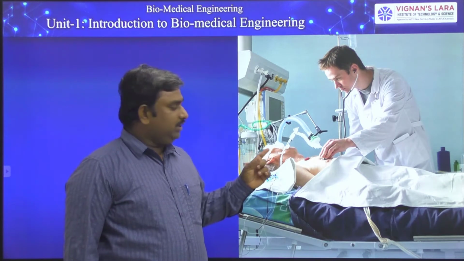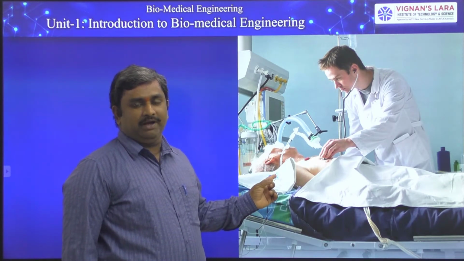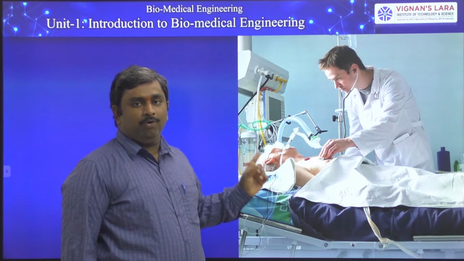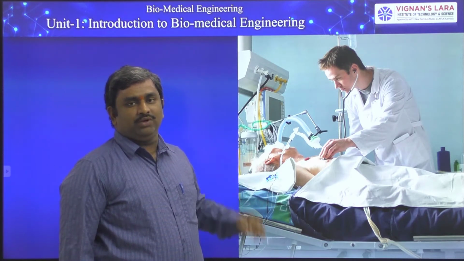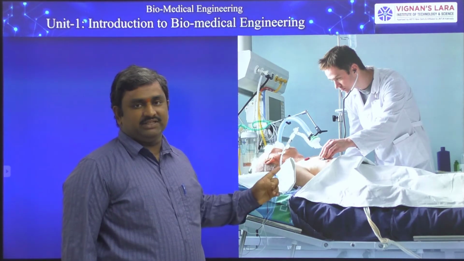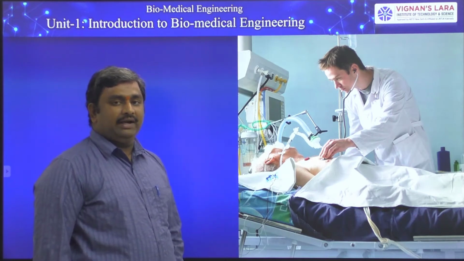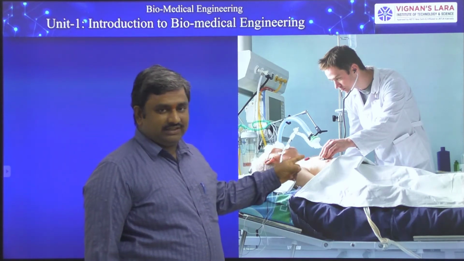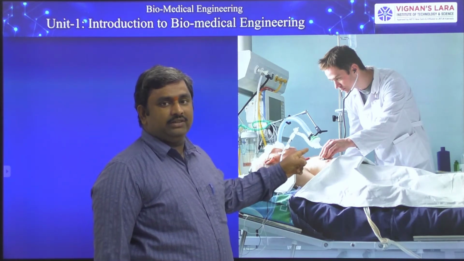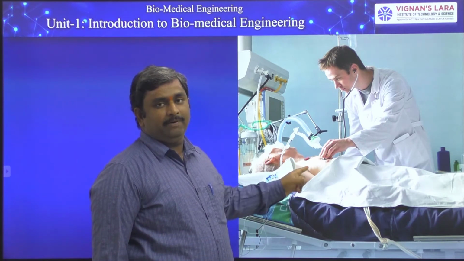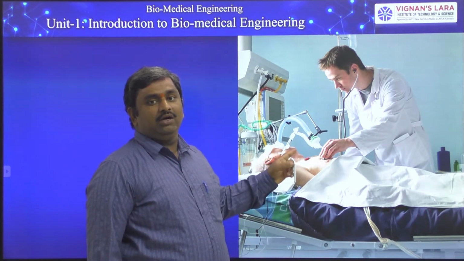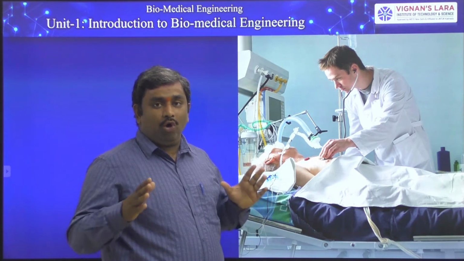The doctor is ready to check the patient's pulse, but the important parameters are, the first one is the instrument, that is the stethoscope. This is very important. And at the same time, the stethoscope placement on the chest, the right place in the chest, and cancellation of the noise.